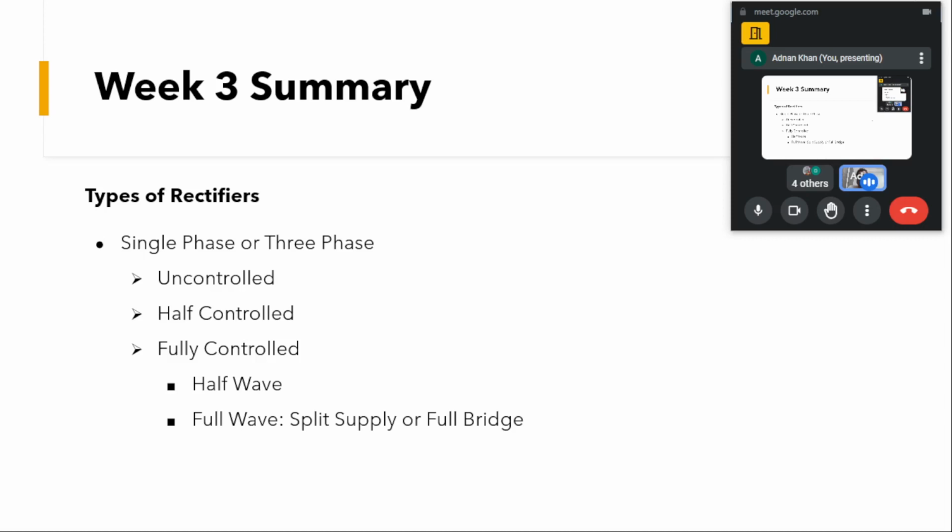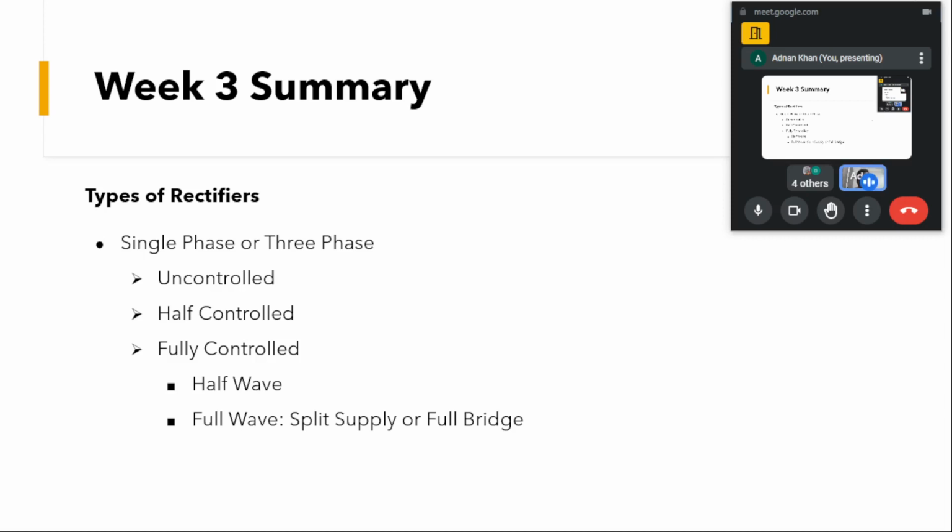Firstly, what was taught this week is different types of rectifiers. Rectifiers are mostly AC to DC systems, where we are able to convert AC to DC, and the supply available to us is either a single phase or a three phase system.